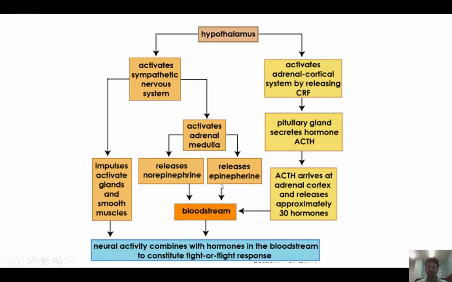And so the stress response results in a massive release of adrenaline into the body, both through the HPA axis and through activation of the sympathetic nervous system. And this allows your body to respond very vigorously when confronted with a particular situation.